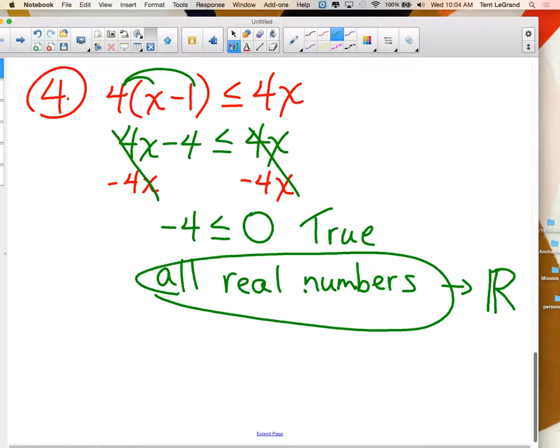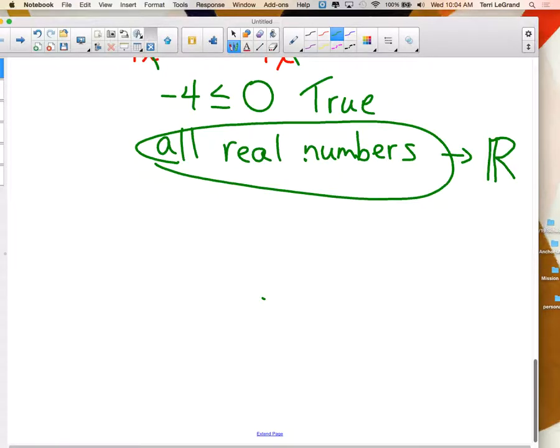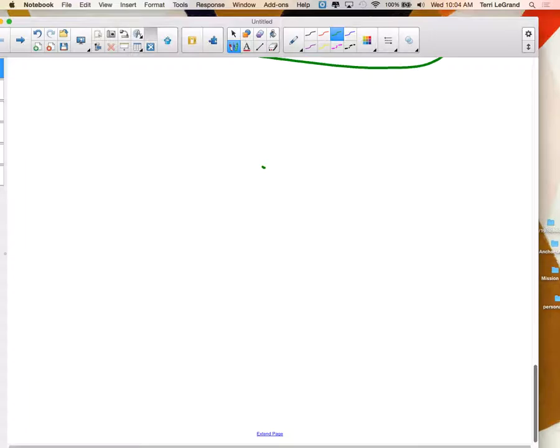Okay, one last one then, number 5. And this is we have to write some words out first. So if you're running out of room on the front side of your paper and you need to move to the back, you might want to do that now.